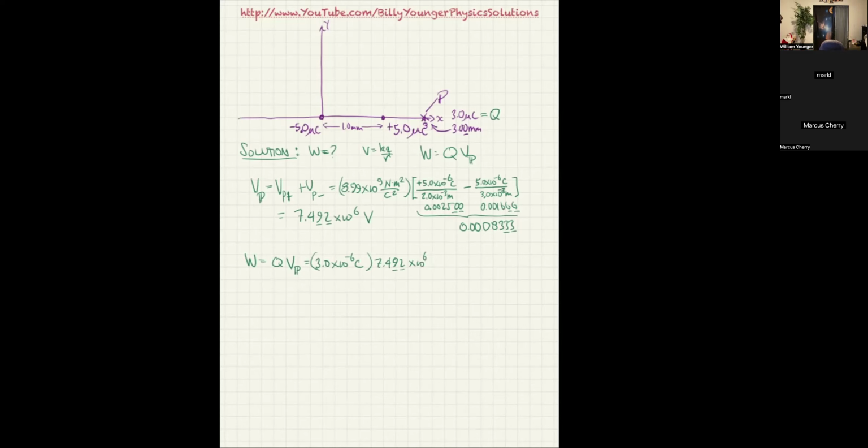Actually, I want to write it this time as joules per coulomb, since we need to remember that. I evidently hit my calculator with my arm or something that did something crazy.